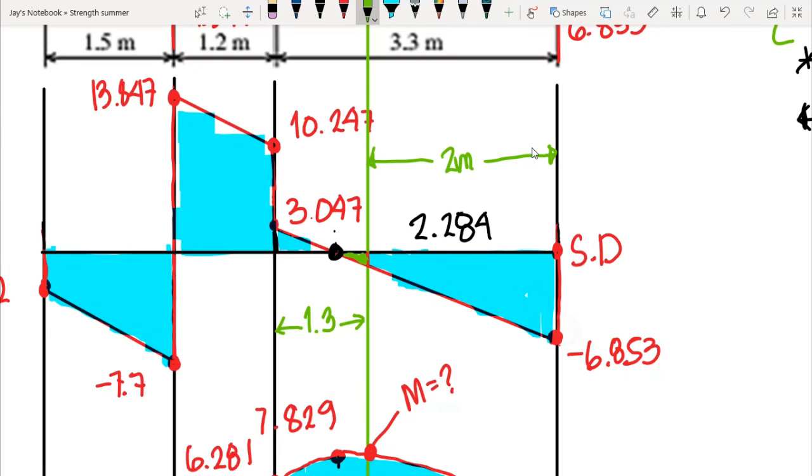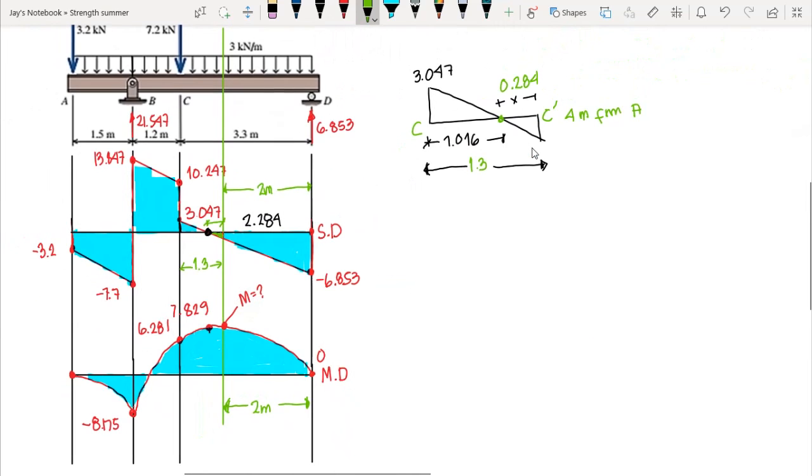So we can now compute the moment at this point by using the equation. Let's say our moment at 6 meters is equal to the initial moment, that is 7.829, correct? This moment at this point, that is 7.829, minus this area here. And this area is a triangle, that means we have 1/2 times 0.284 times this height.